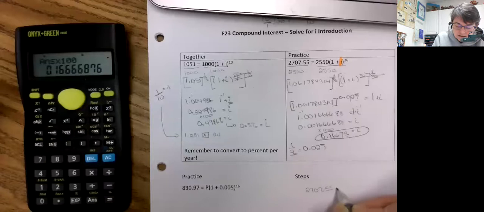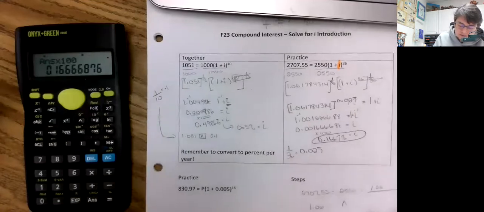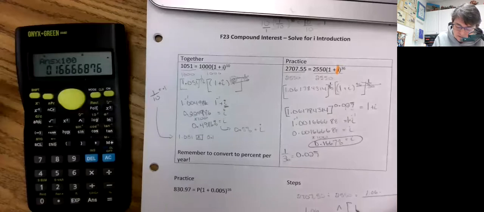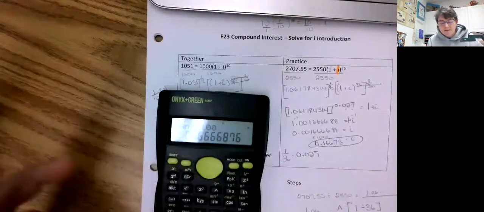So 2707.55 divided by 2550. And that gives you your answer. You're going to take that answer, so that 1.06, 1.06 caret bracket 1 divided by 36, and see if we get the same answer, and then finish off.